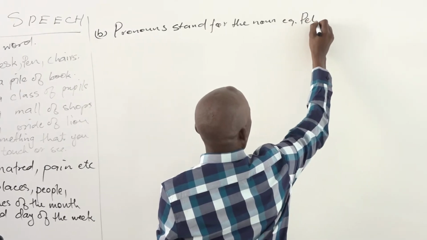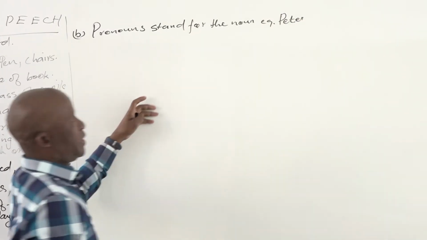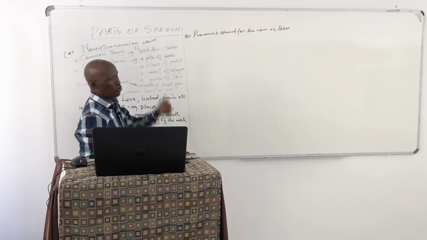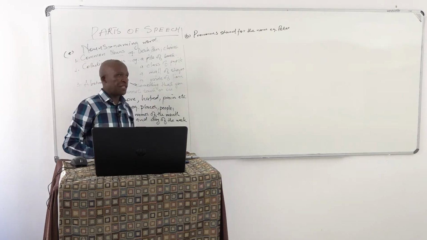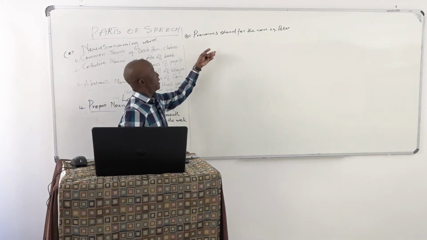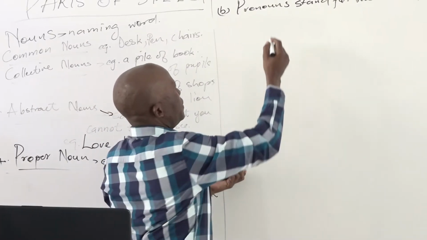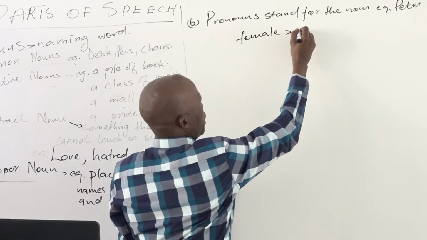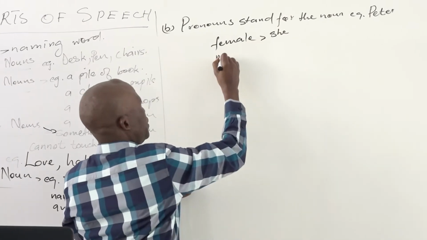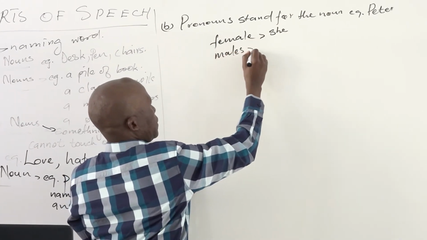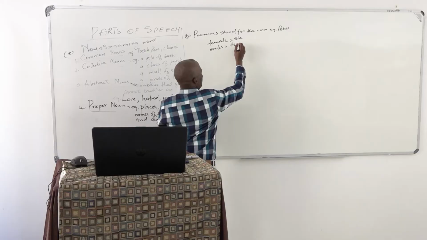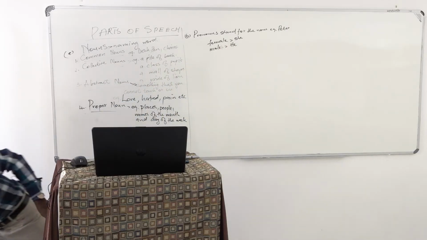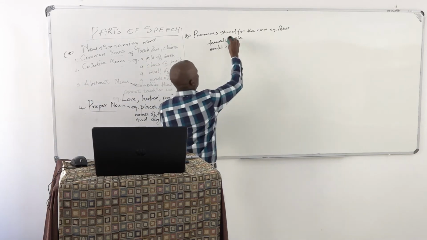The noun, e.g., Peter. Peter is the noun in every sentence. Now, for the pronoun, we've got the masculine gender and the feminine gender. That is male and female. A male is referred to as he in a sentence, and a female is referred to as she.